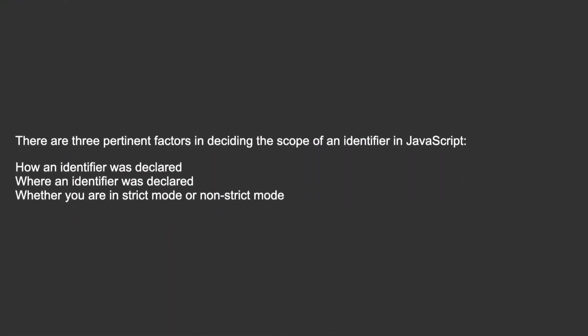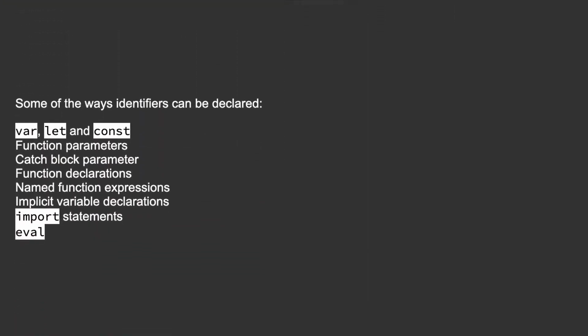There are three pertinent factors in deciding the scope of an identifier in JavaScript: how an identifier was declared, where an identifier was declared, whether you are in strict mode or non-strict mode. Some of the ways identifiers can be declared: var, let and const, function parameters, catch block parameter, function declarations, named function expressions, implicit variable declarations, import statements, and eval.